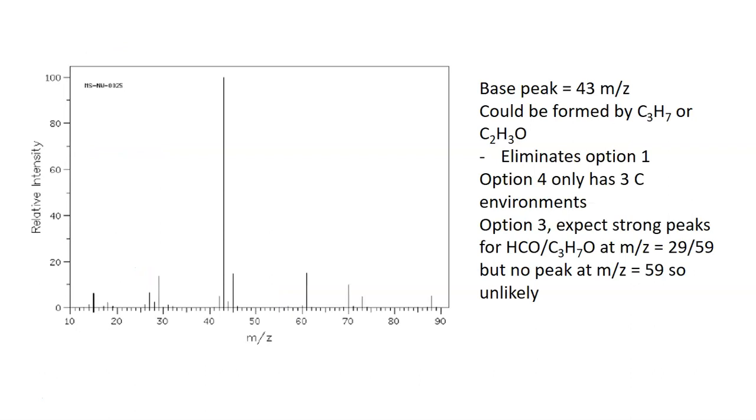So, what could we do? Well, we could have something with 3 carbons and 7 hydrogens. Or we could have something with 2 carbons and 3 hydrogens and an oxygen, both of which could be or have a mass of 43.